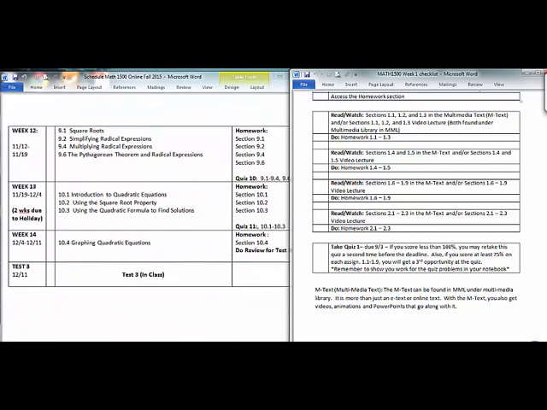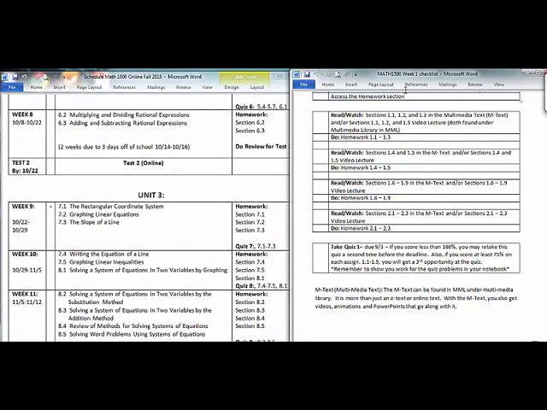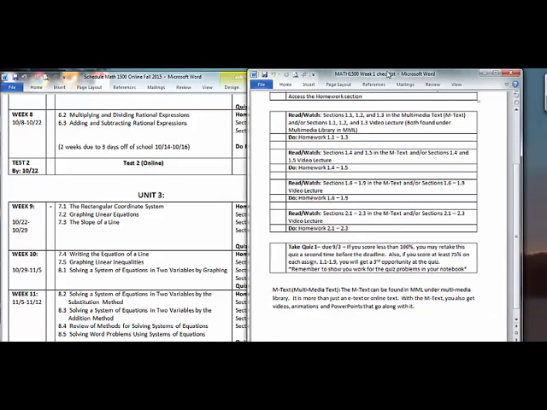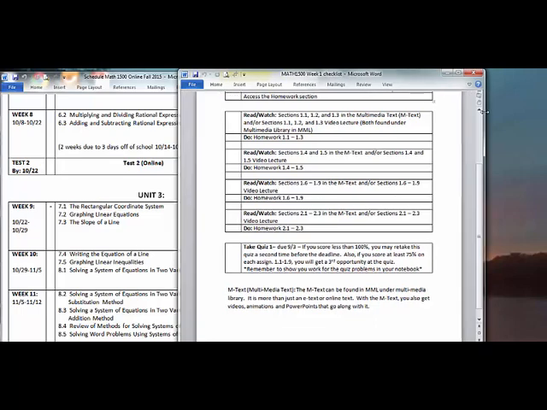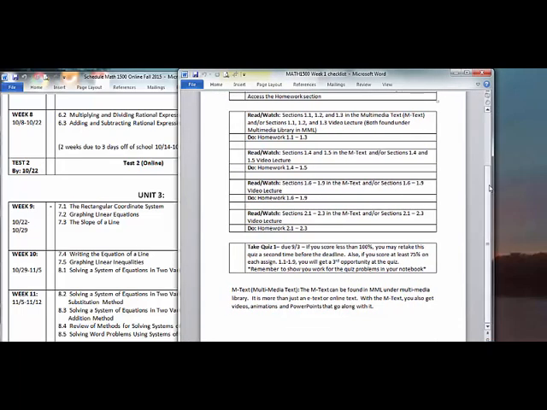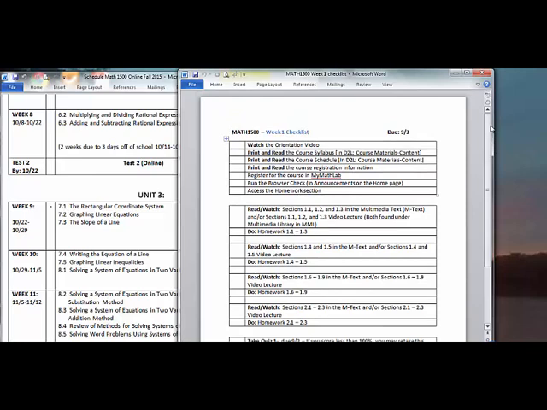The other item I have is a weekly checklist, and that's over here on the right. Let me just move it over a little bit. For each week, I've created a weekly checklist. For a lot of students, this is beneficial because they can go through and check off each item as they've completed it. So for this first week, you're supposed to watch the orientation video, which you're doing right now, at least part 1.